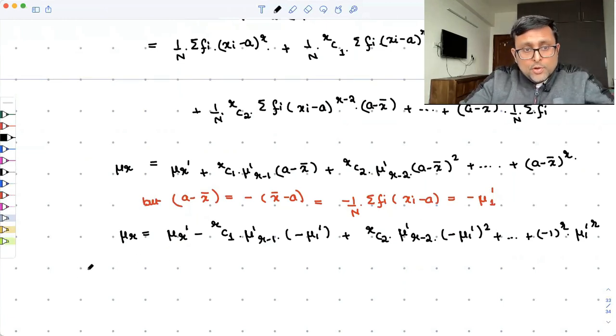Now you put r equals to 2. So you will have a term only till here, this thing and this thing.